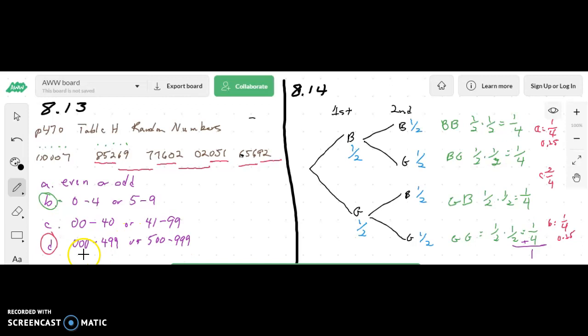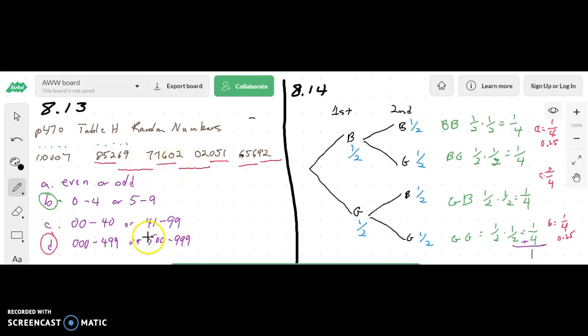So this means that if, for example, I select 3 digits, the first 3 digits here being 852, 852 falls in the category between 500 and 999. Since these first 3 digits fall into this category, they would be allocated to group B. The next 3 digits would be 697. You notice I just took the next 3 digits in a row. Those also would be group B. And then the next 3 digits, 760.